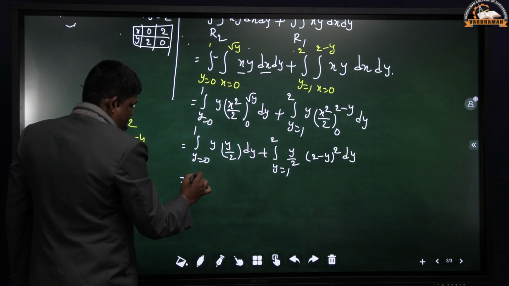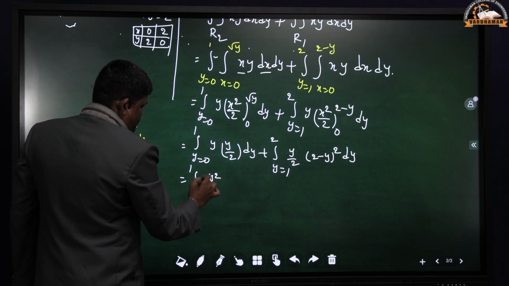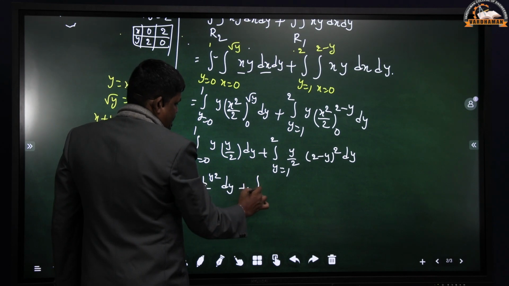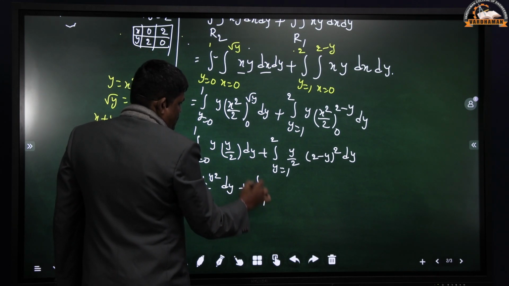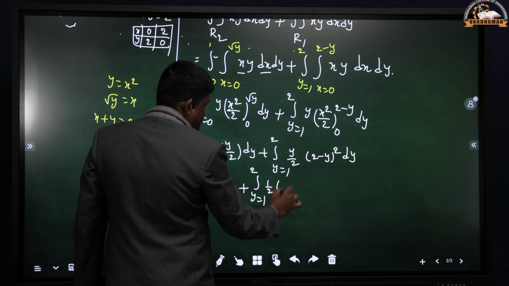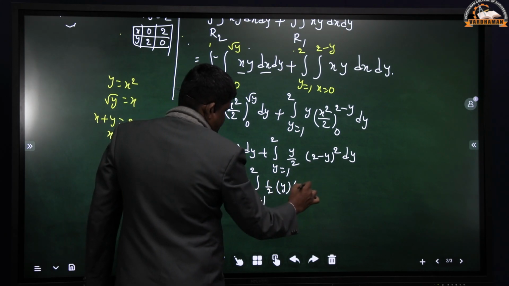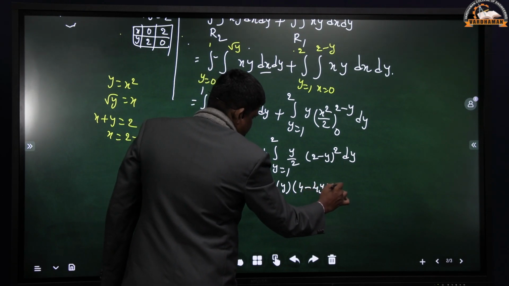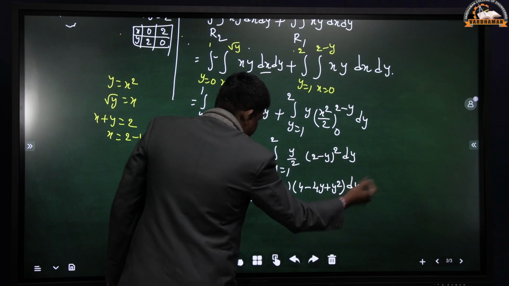Now it will become integral y is 0 to 1 of 1 by 2 y square dy, plus integral y is 1 to 2, please multiply, 1 by 2 is outside, and it will become a minus b whole square, 4 minus 4y plus y square into dy.